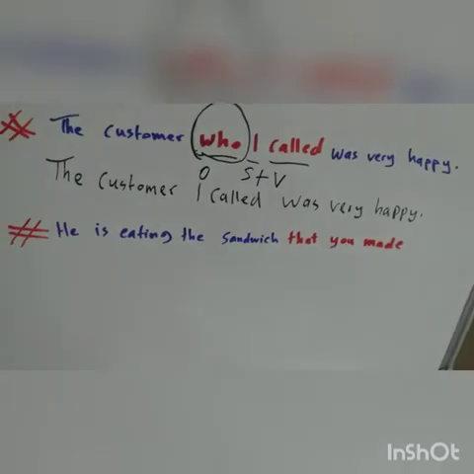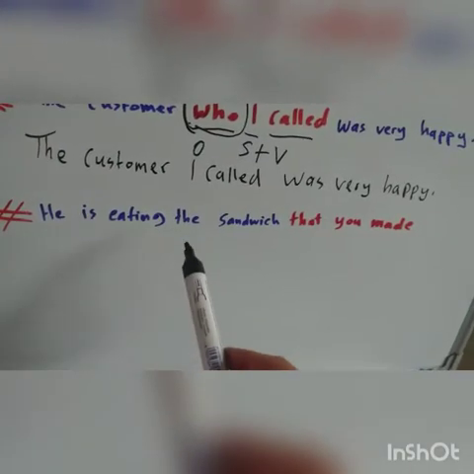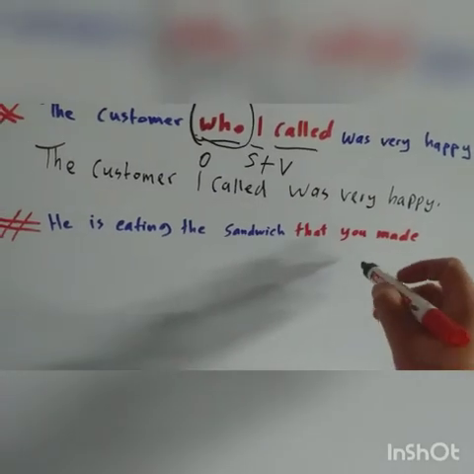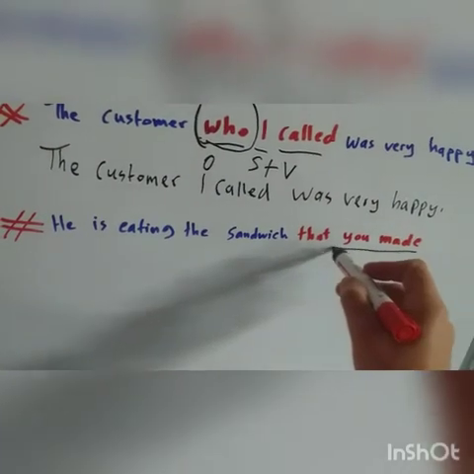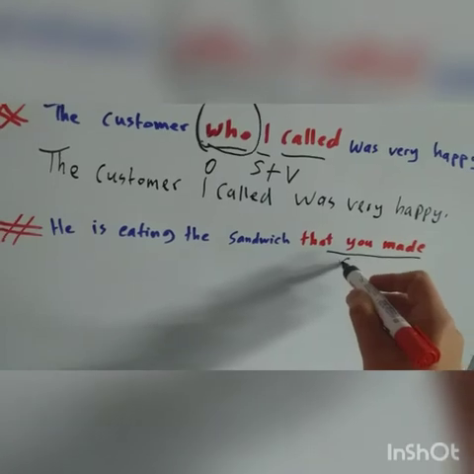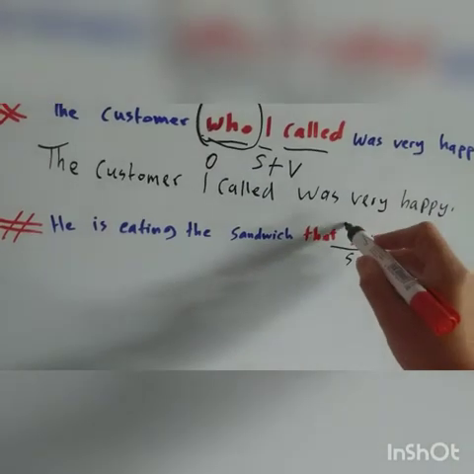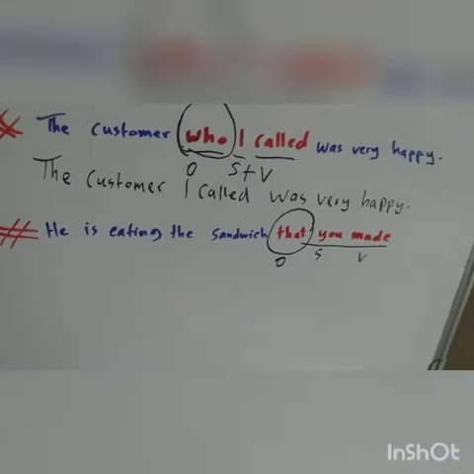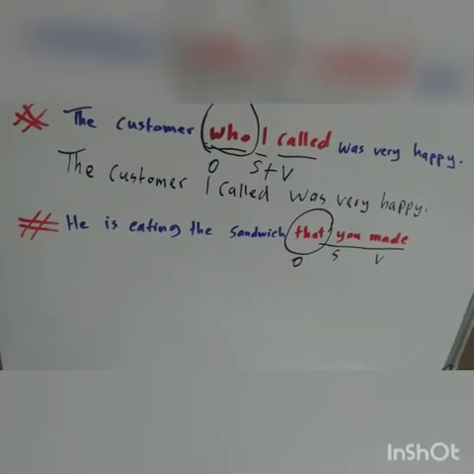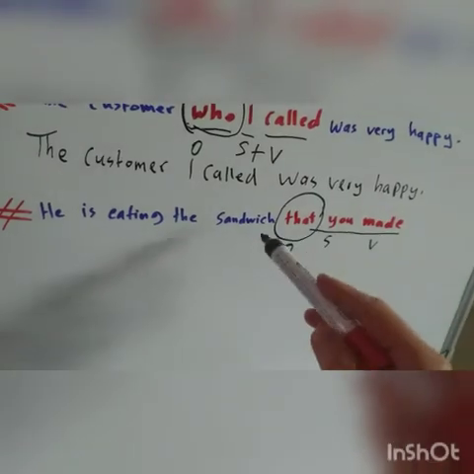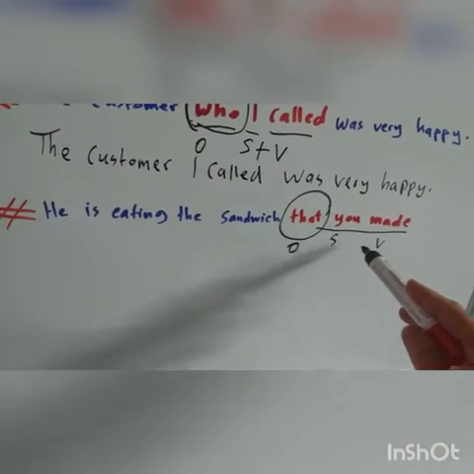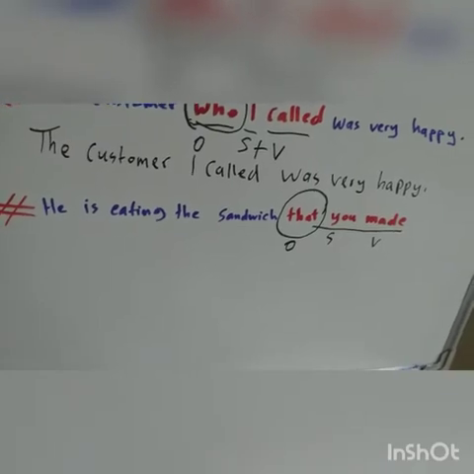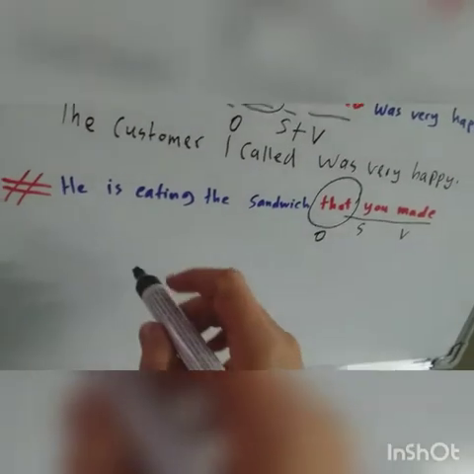Let's look at the second example. He is eating the sandwich that you made. So this is the subject and this is the verb, and the relative pronoun that is the object of the clause. It's not the subject. You know that because it is followed by a subject and a verb. So I'm going to rewrite it, omitting that.